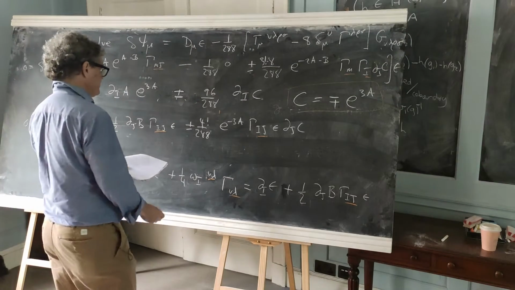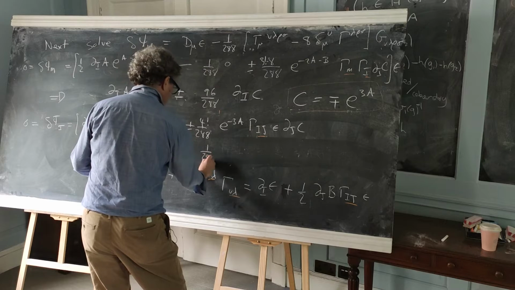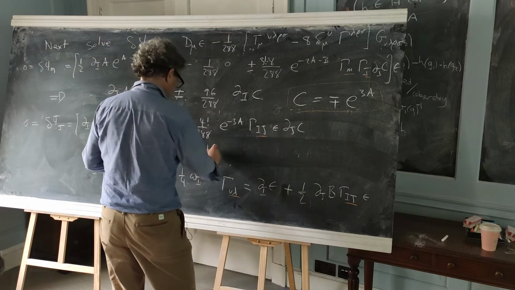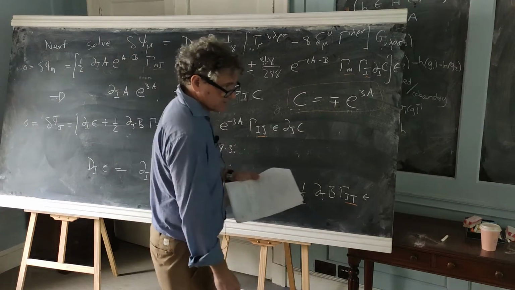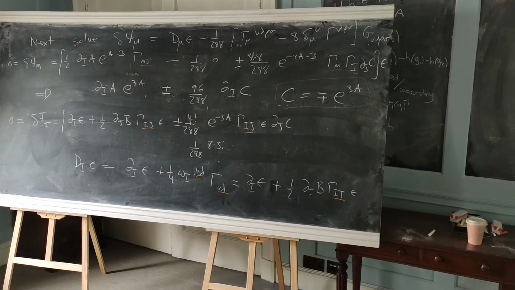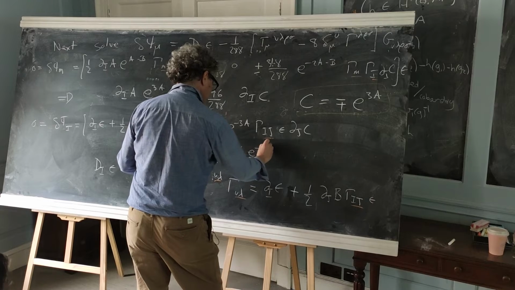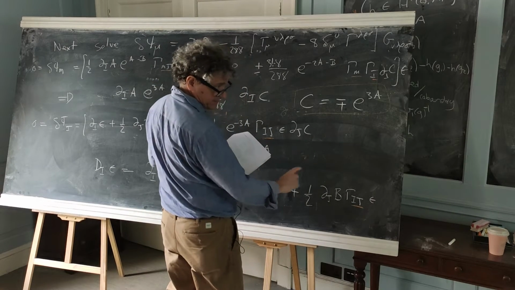Okay, and then the last term, 1/288, there's a factor of 8, and the 3 factorial according to my notes, which is, yes, down here. E to the minus 3a again, and then that's it.